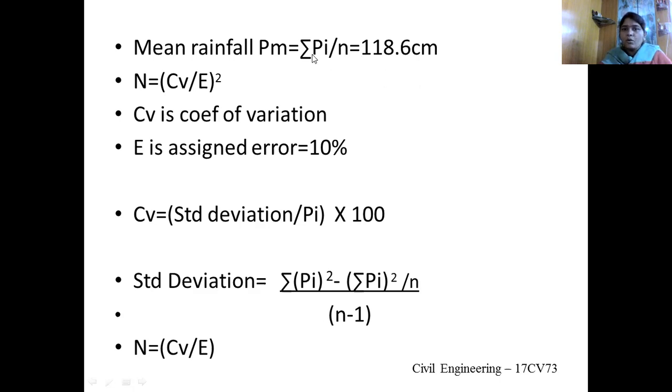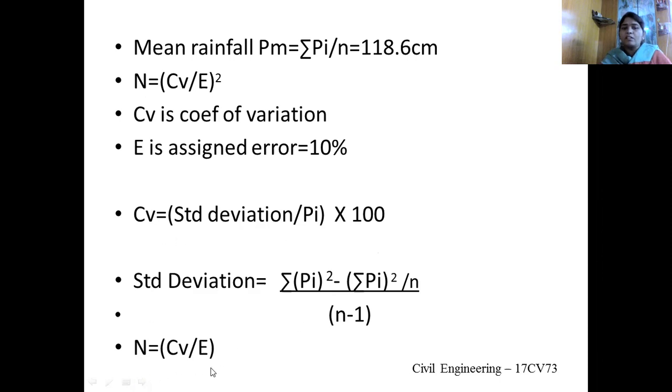Now what we get, the total precipitation, this is mean precipitation 118.6, summation of Pi value we calculate, that whole square divided by N, the entire thing divided by N minus 1, number of rain gauges minus 1, will give a standard deviation. And that we can use here for CV is equal to standard deviation by mean precipitation into 100 will give us CV.